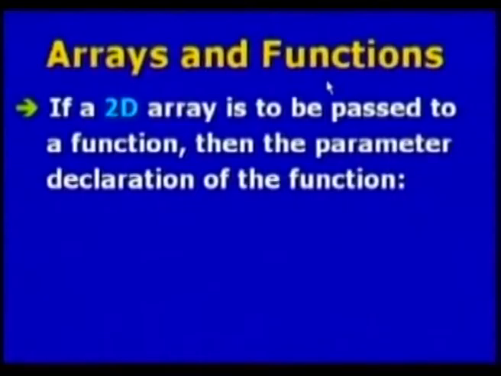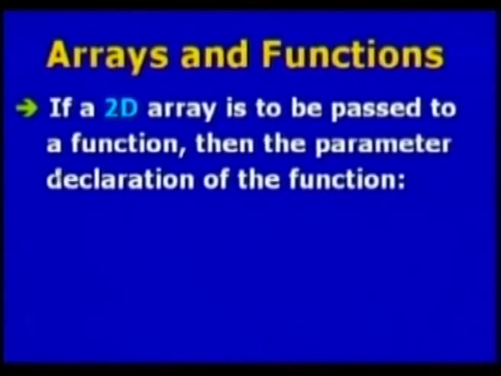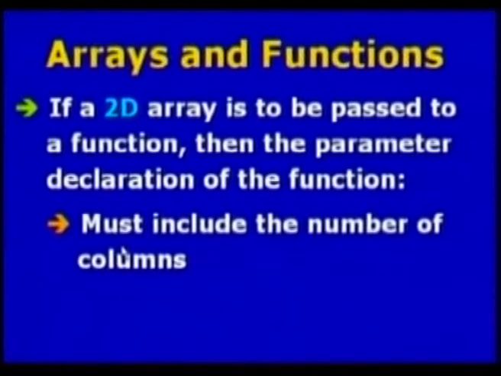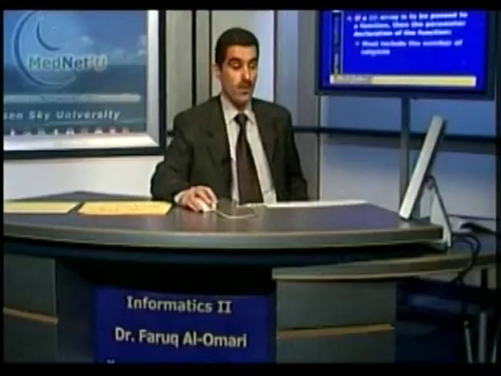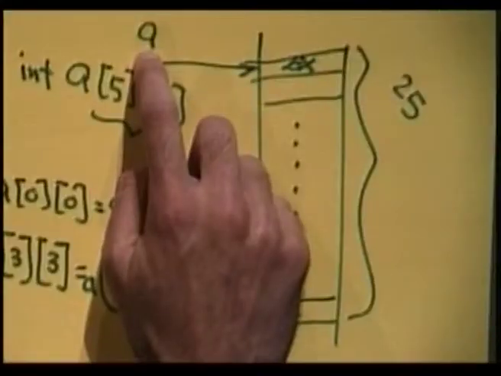Now, how do we pass arrays to functions? We write functions a lot in C, and we would like to access arrays defined somewhere else for some sort of calculations based on which we're going to make some results. If a 2D array is to be passed to a function, then the parameter declaration of the function must include the number of columns. Basically, we're talking about pointers here.